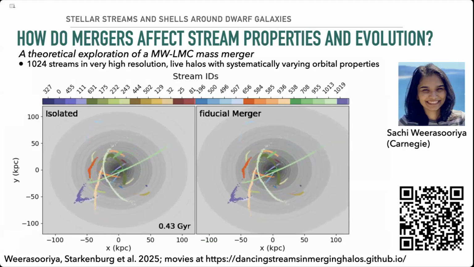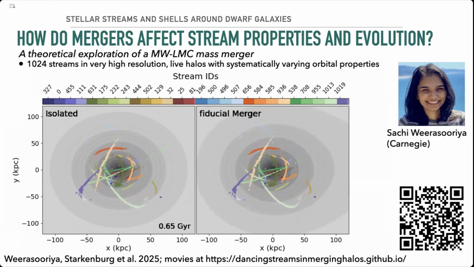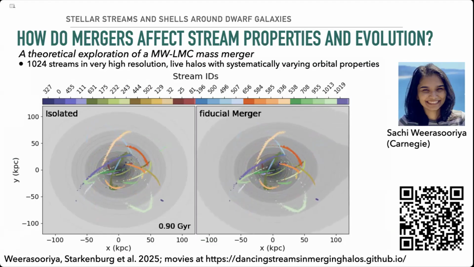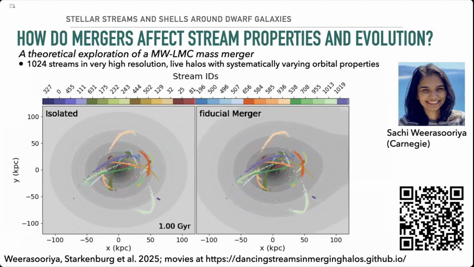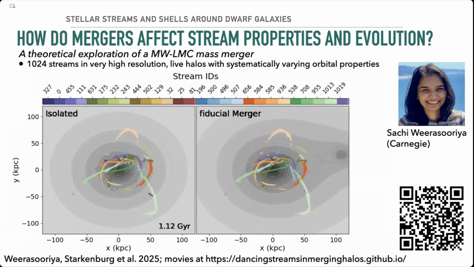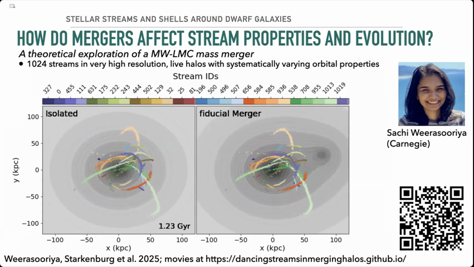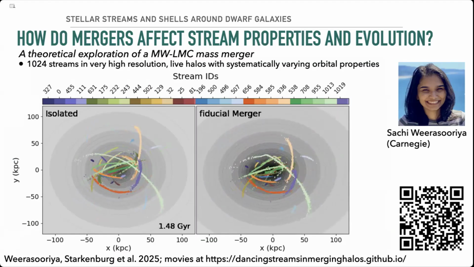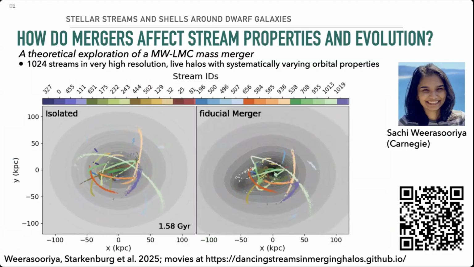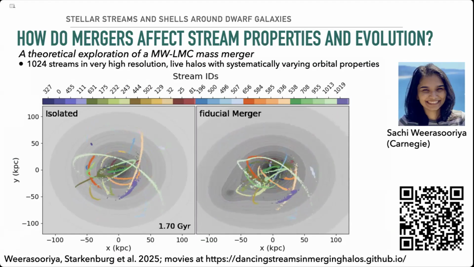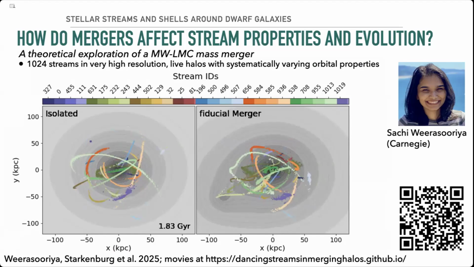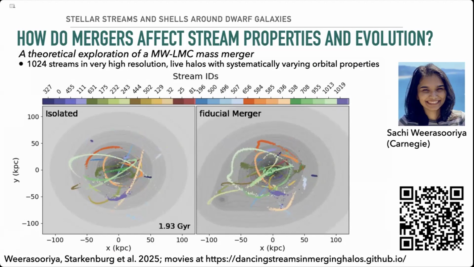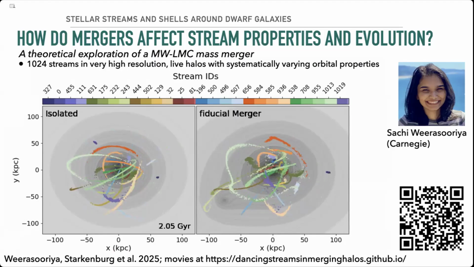And I will only show you this movie. And we have movies of all the individual streams and what their evolution is, and you can find them at this website at the bottom, and also at the linked QR code. And so you see the satellites coming in to the background potential, and what you see is that all streams react to the satellite, but in very, very different ways. Some get dragged completely out.